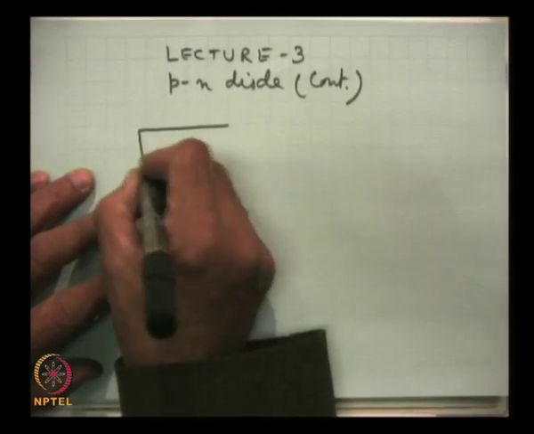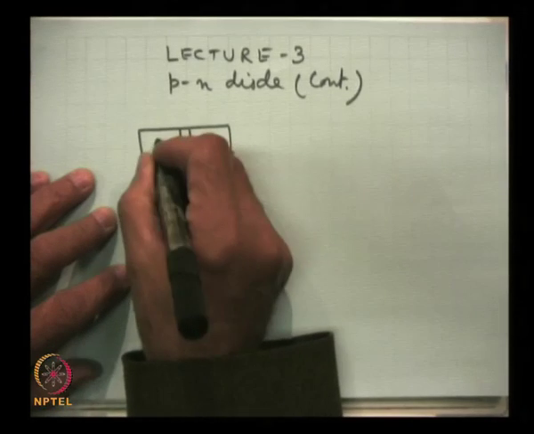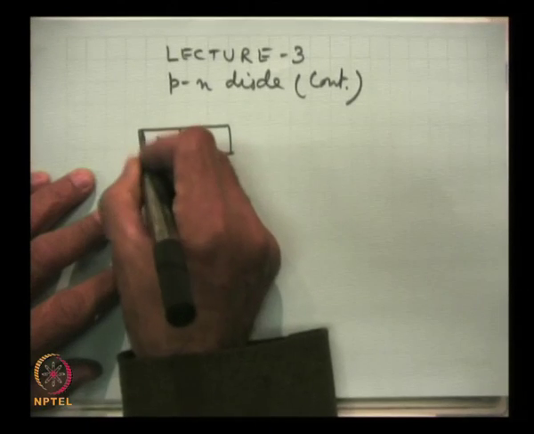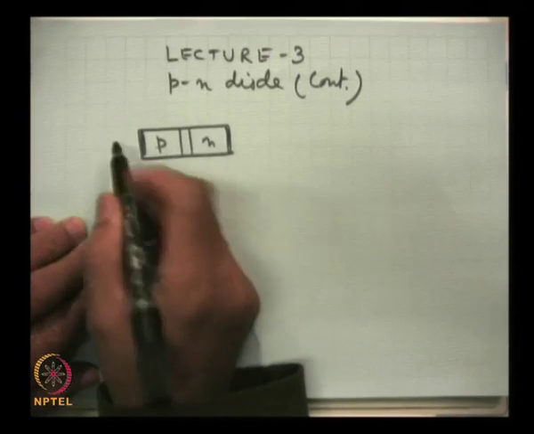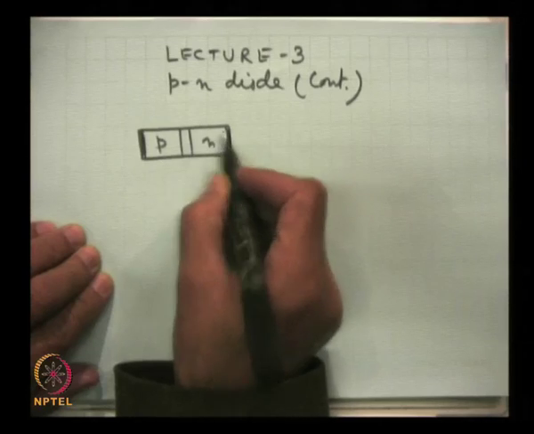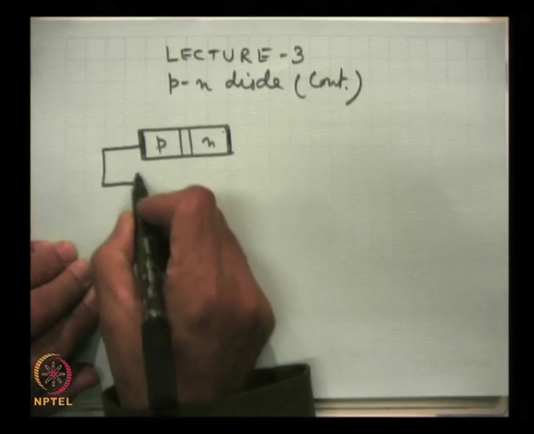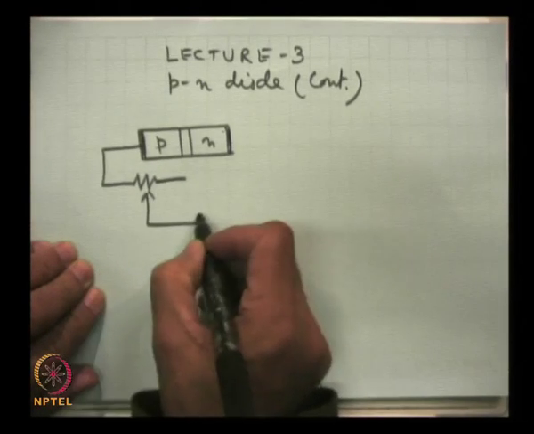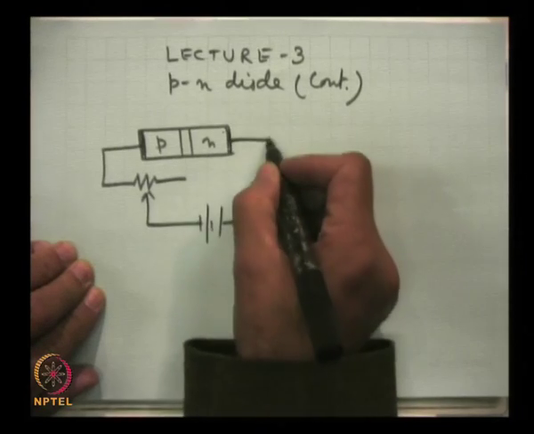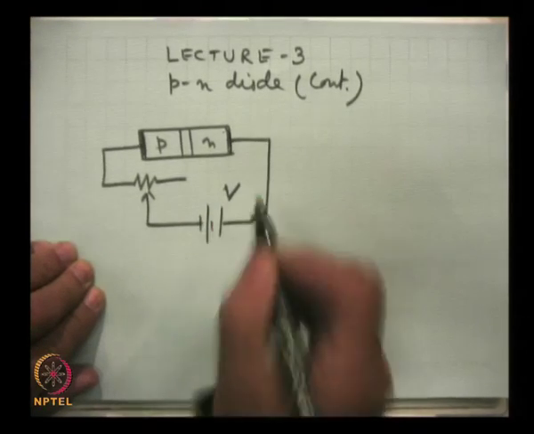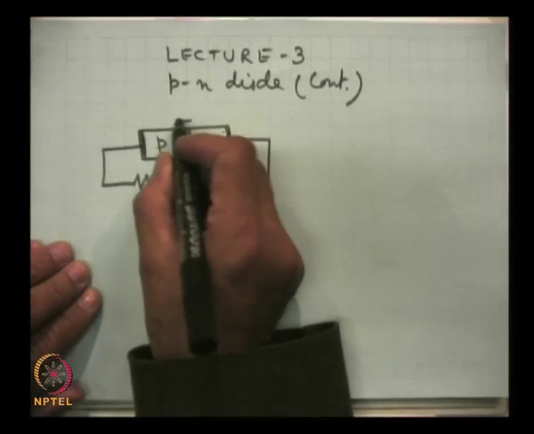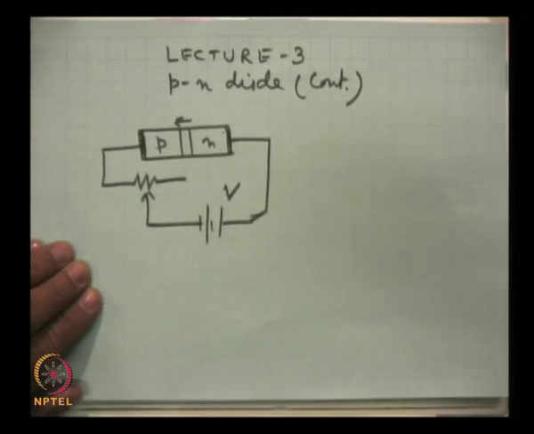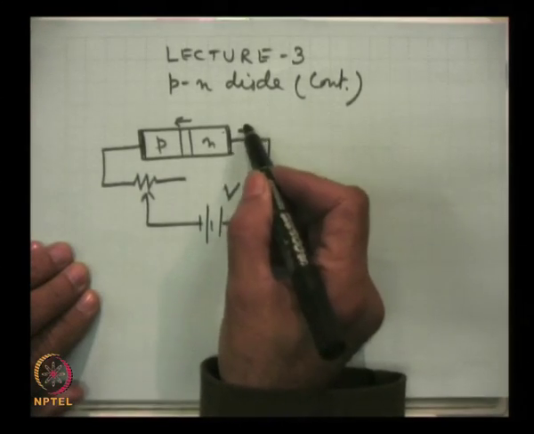The reverse bias circuit is: this is p type, n type, this is the junction, these are the ohmic contacts, and then we apply reverse bias V. Now, look, this was the direction of the built-in field and this is now positive.